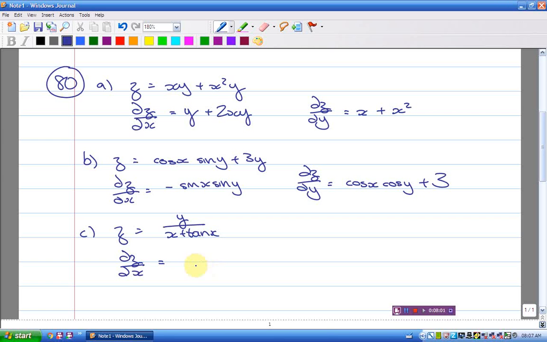So let's have a look. When you differentiate 1 over g, remember from first year you get minus g dash over g squared. So this would be minus y times (1 plus sec squared x) over (x plus tan x) squared.